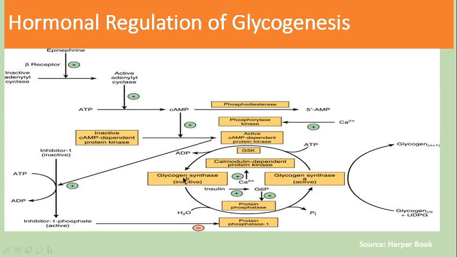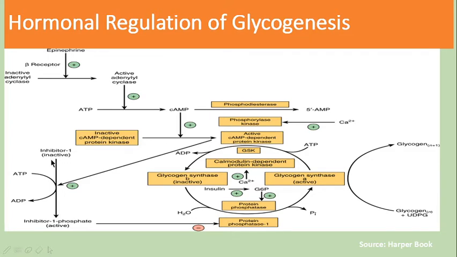So in the presence of epinephrine, glycogen synthase will be in the inactive form, so that no glycogenesis will take place. This cAMP dependent protein kinase has one role of converting the active form of glycogen synthase into the inactive form by phosphorylating the enzyme. This protein kinase will also phosphorylate an inhibitor protein.